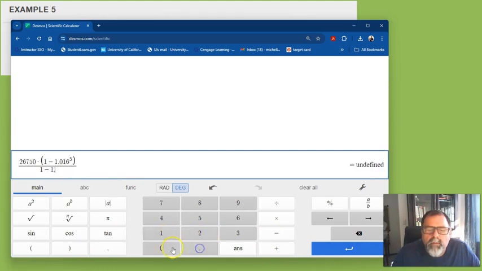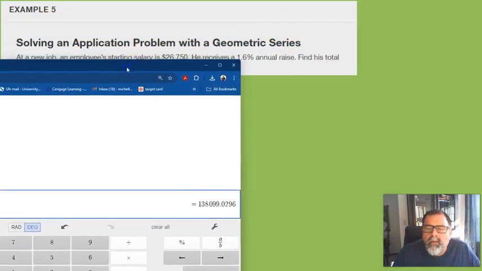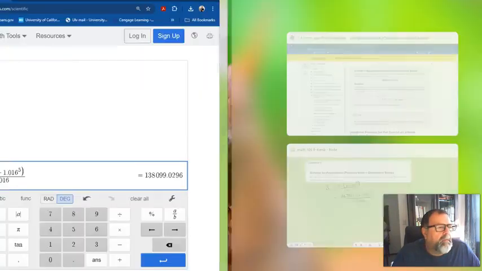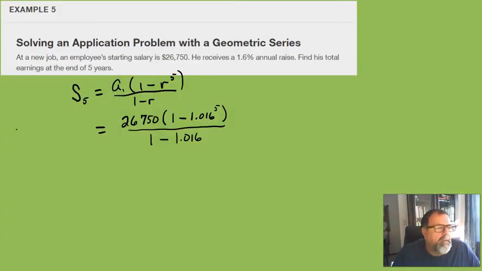R is 1.016. And then our total salary for the 5 years would be $138,099.03.